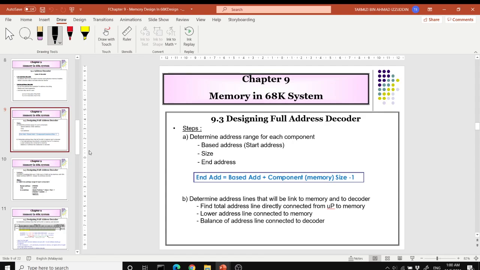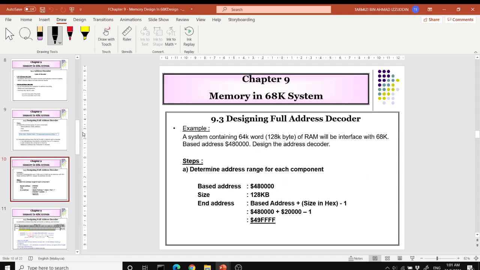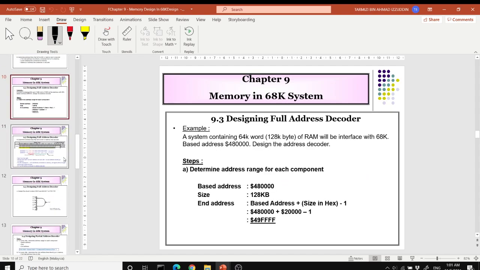If you have your base address and your size, then you can calculate the end address. And then the second step is for you to determine the address line that will be linked to memory and to decoder.